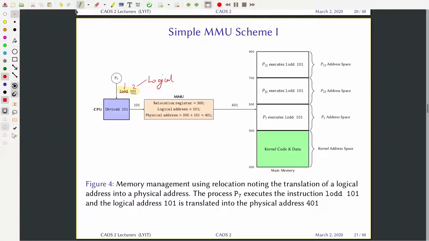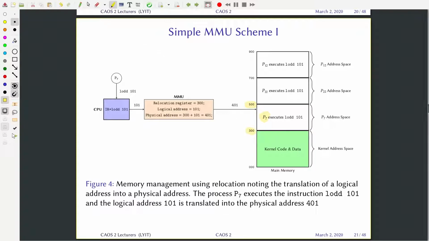Now what we can also see is that the address space that is occupied by P7 is this address space over here. So here's P7, it's been loaded into main memory by the kernel as part of its transformation from being a program into a process, and we can see that it occupies the address range 300 through to 500.